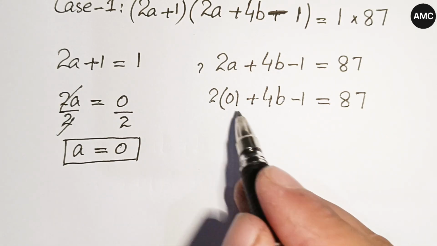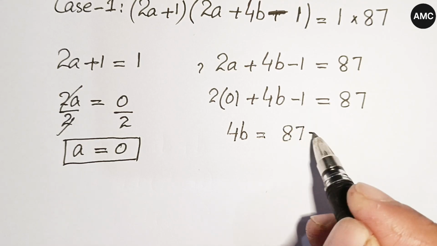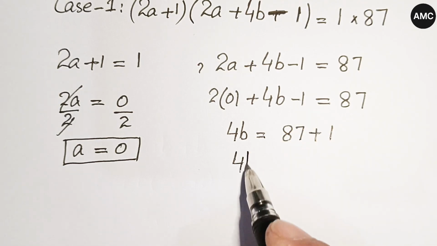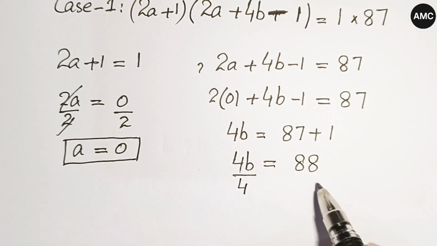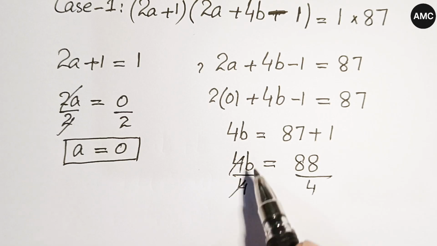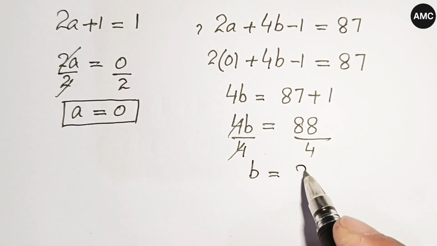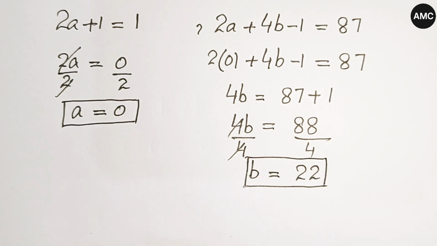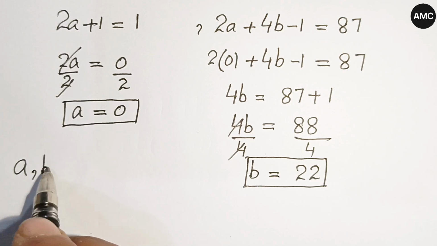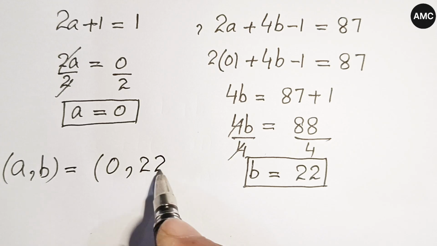So 2 times 0 is 0, we get 4b is equal to 87. Shifting this one, we get plus 1. So 4b is 88, and dividing by 4 on both sides, cancelling 4 with 4, we get the value of b is 22. Here we have our first pair, that is a and b is equal to 0 and 22.